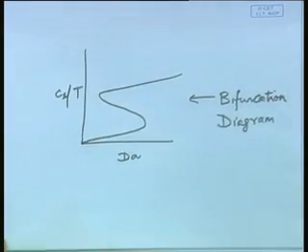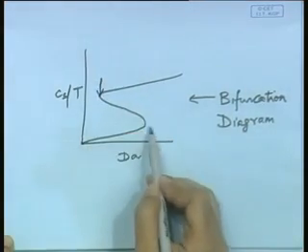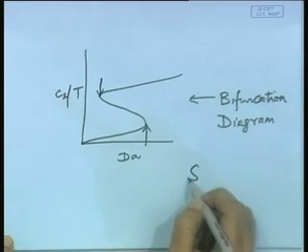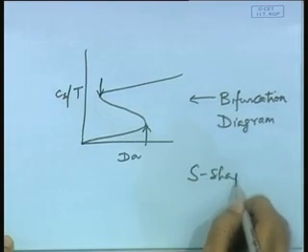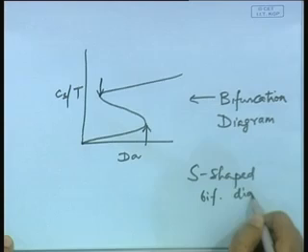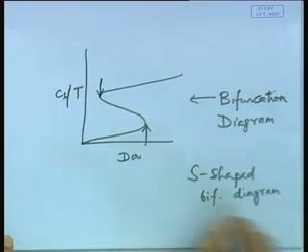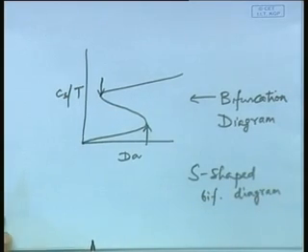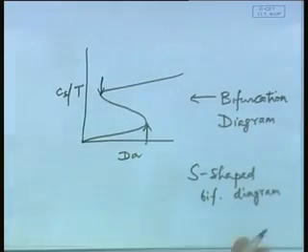In the bifurcation diagram, this is an S-shaped bifurcation diagram, and would any of you have an idea what these 2 points are called? From a mathematical point of view, what are these 2 points called?